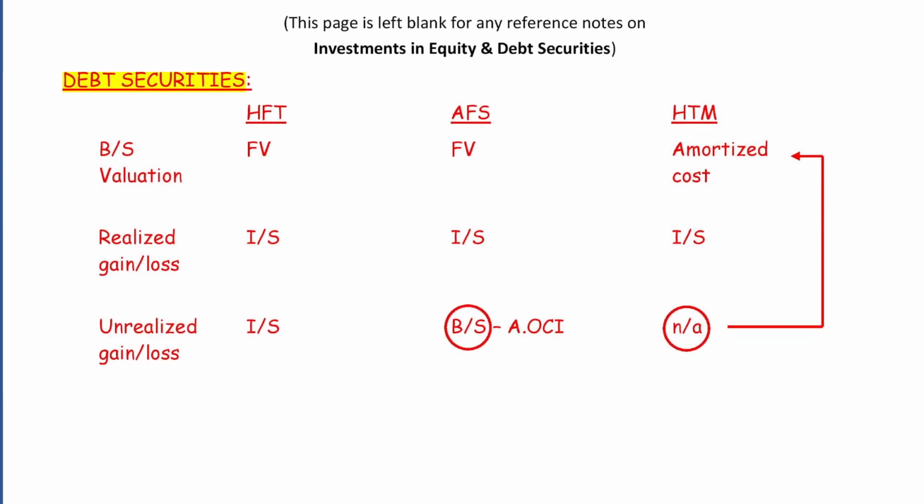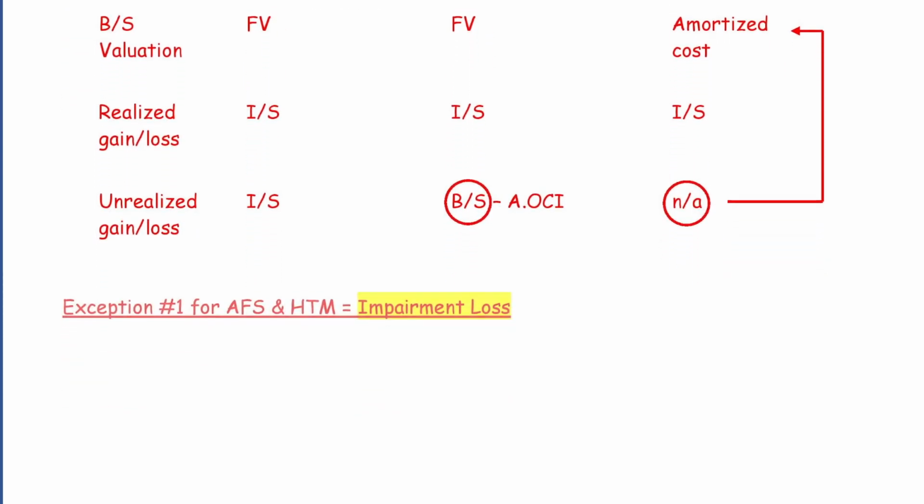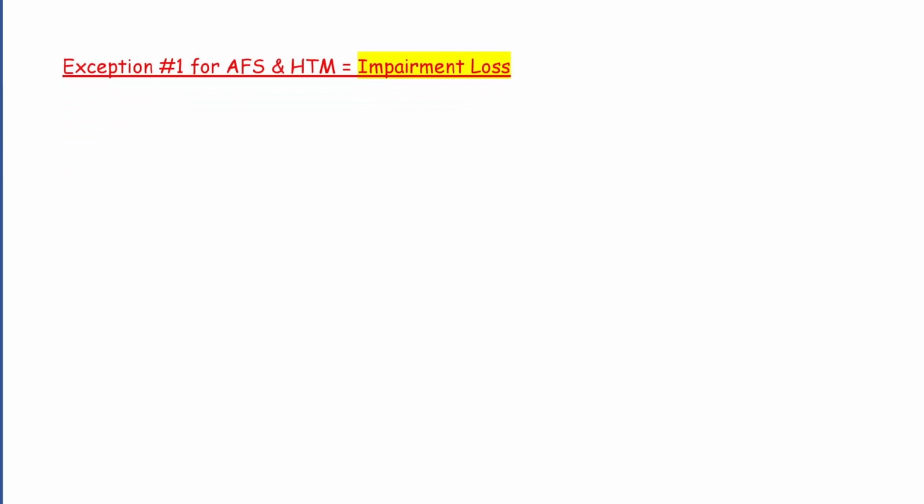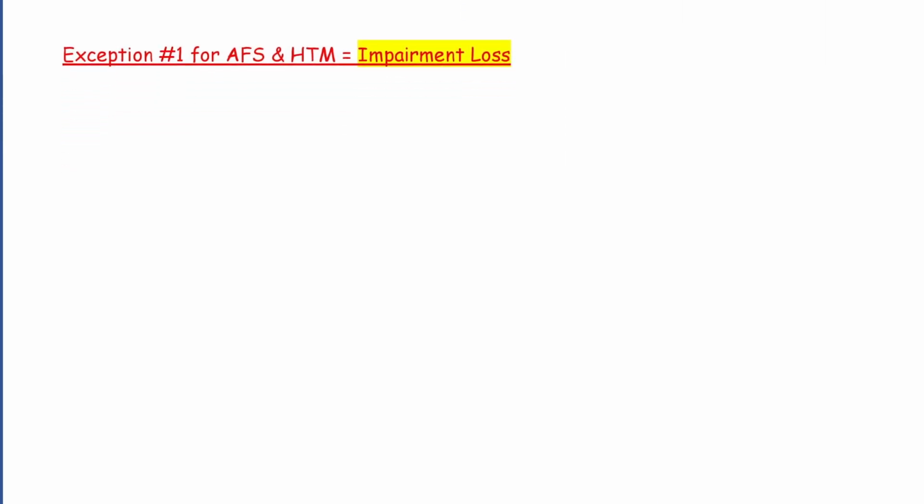Now let's talk about exception number 1 for AFS and HTM, and that is impairment loss. So write 2 column headings for AFS and HTM. Let's talk about balance sheet valuation.